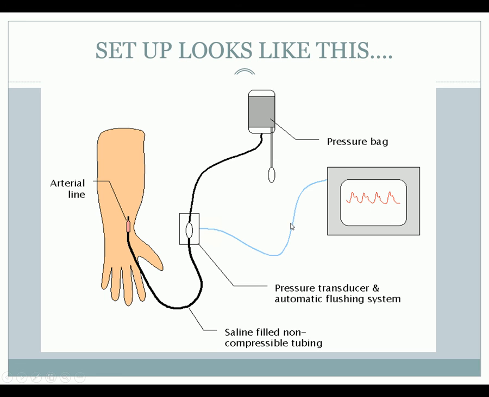We will come through here and do an electrical activity and put a typical waveform on the monitor. Here you know all of these: the anacrotic limb, the highest peak, the dicrotic limb, the dicrotic notch, and then the end diastolic. Then you've got your saline-filled non-compressible tubing as well. And this is what a typical arterial line would look like.